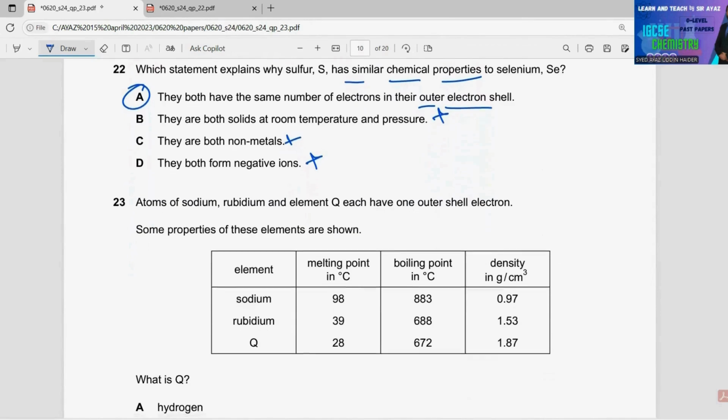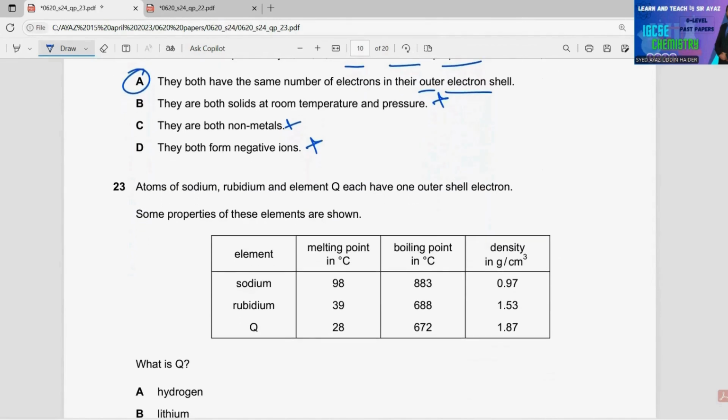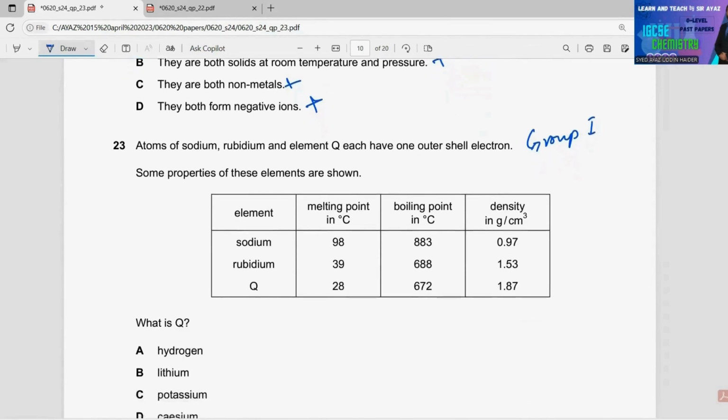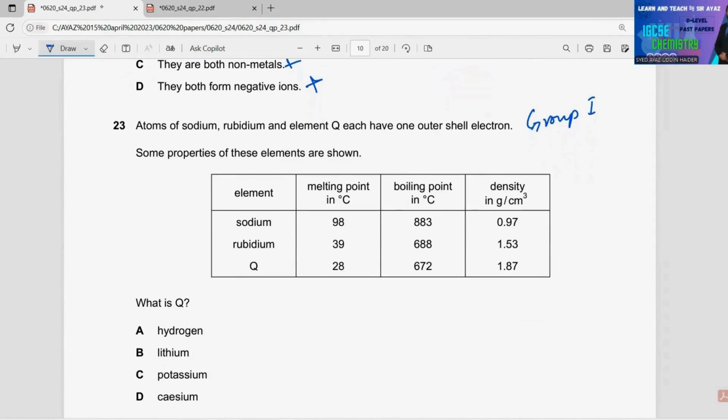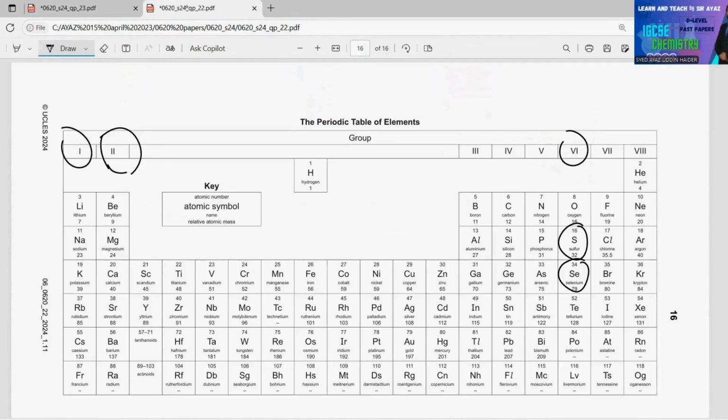23. Atoms of sodium, rubidium, and element Q each have one outer shell electron, which means they all belong to group 1. Some properties of these elements are shown: melting point, boiling point, and density of sodium, rubidium, and Q. Now they are asking what is Q. This is group 1. In group 1, we have lithium, sodium, potassium, rubidium, cesium, francium.